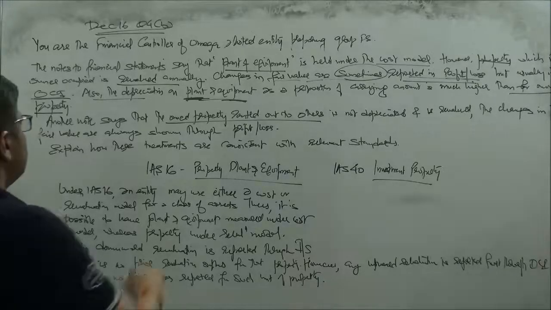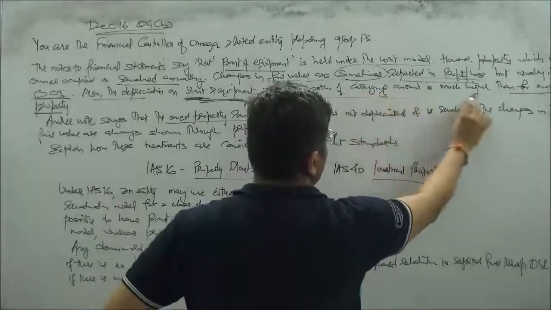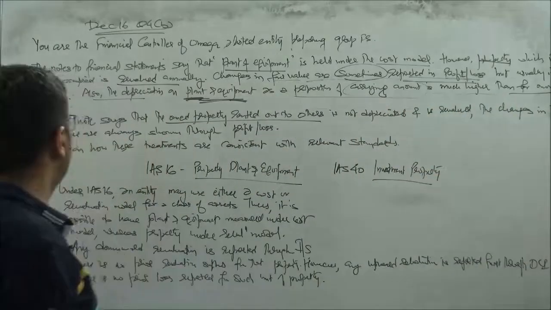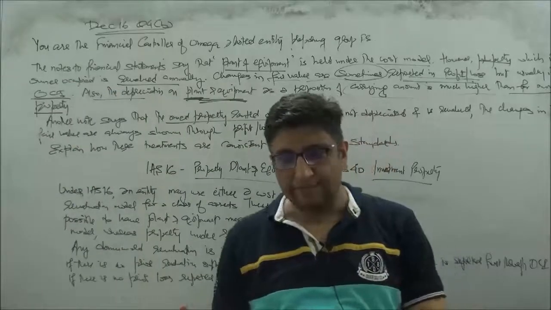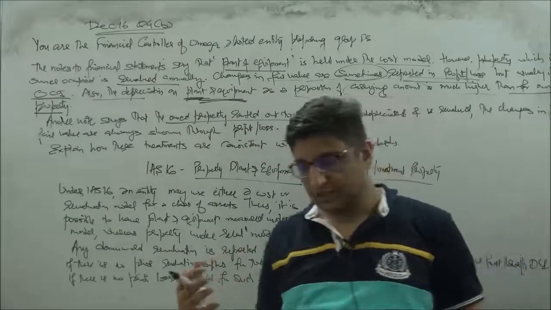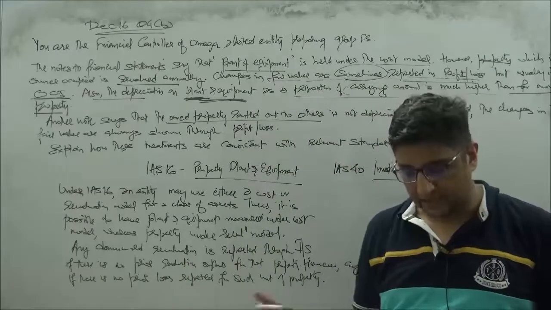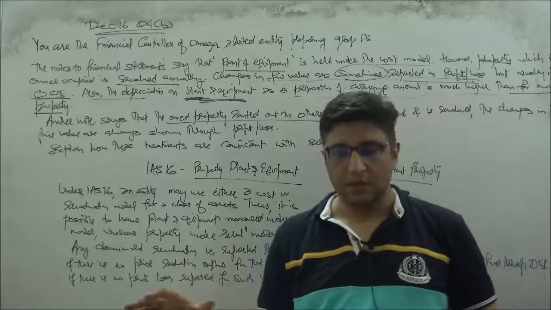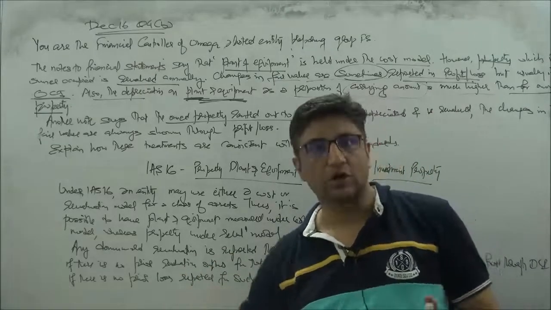The third point is that depreciation on plant and equipment as a proportion of carrying amount is much higher than for the owner property. Now very clearly in this case we observe that depreciation is nothing but a charge over the life of the asset. Okay, that's one context. Now when I say I'm looking at property, property would normally comprise land and building. Now land is non-depreciable.